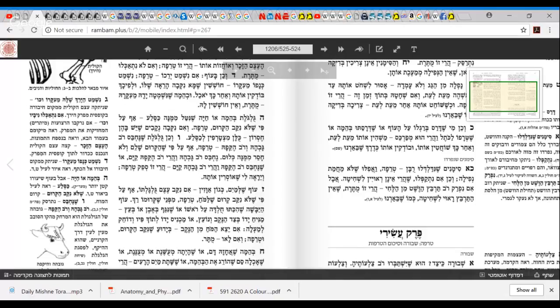Or alternatively, we can insert our hand into the mouth of the bird and push upwards. If a part of the brain starts to ooze out of the puncture, then we know with certainty that the membrane was punctured and it is a terefa. But if we don't see the brain coming out, then it is permitted.